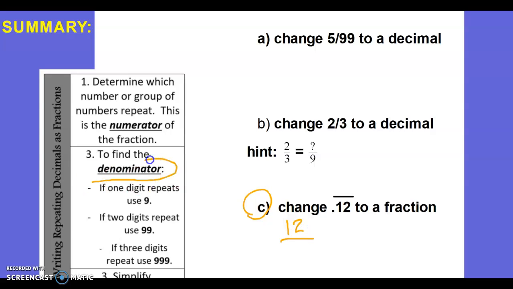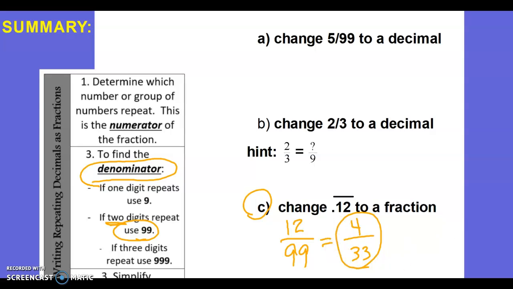Now, to find the denominator, since there were 2 digits repeating, I use a 99 in the bottom. So I can change the repeating decimal 0.12 into a fraction by putting the things that are repeating in the top, and if I have 2 digits repeat, I put a 99 in the bottom. Now I can simplify that because I can divide the top and the bottom by 3, and that would give me 4 over 33 in simplest form.